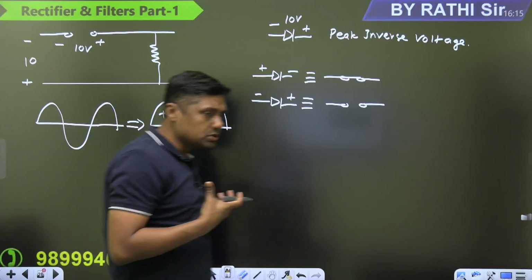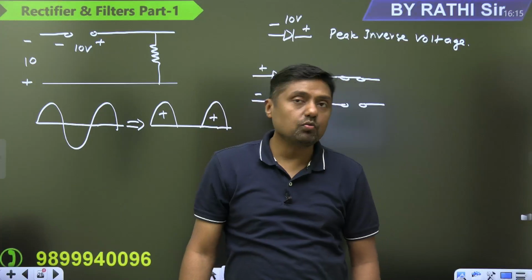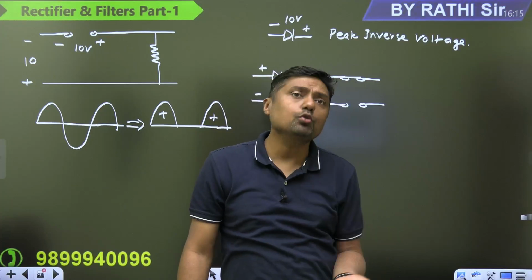And you will get the perfect unidirectional waveform. So, suppose the peak inverse voltage is 10 volt appearing across the diode in a reverse direction, so up to 10 volt, what you want?